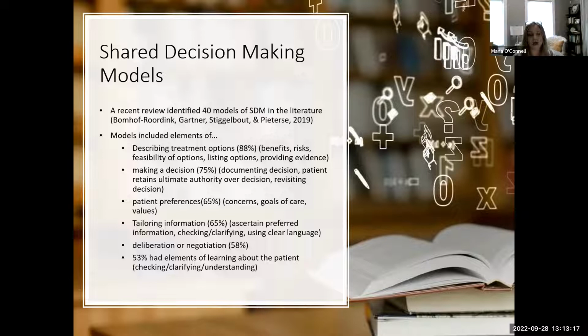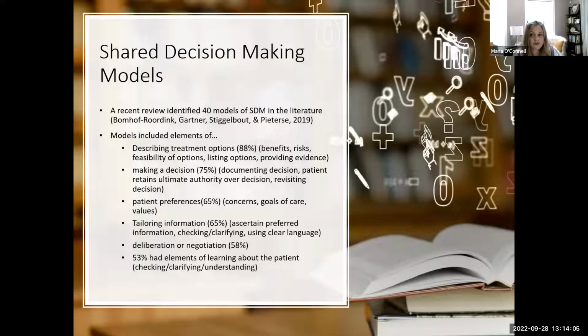When you looked at some of the shared elements, 88% of these models had some element of describing treatment options, talking about benefits and risks, providing some evidence, and the feasibility of the options. 75% had an element about making decisions, actually documenting the decisions and revisiting them afterwards. 65% referenced something about patient preferences, mostly in terms of their concerns, their goals of the care, and their values. 65% talked about tailoring information to the patient. 58% had a deliberation or some element of negotiation.